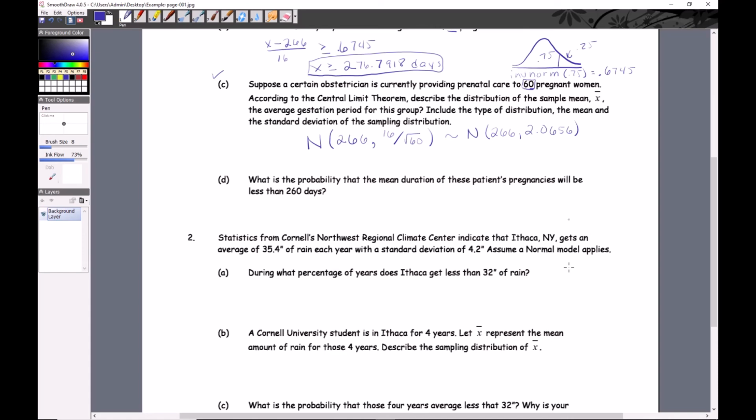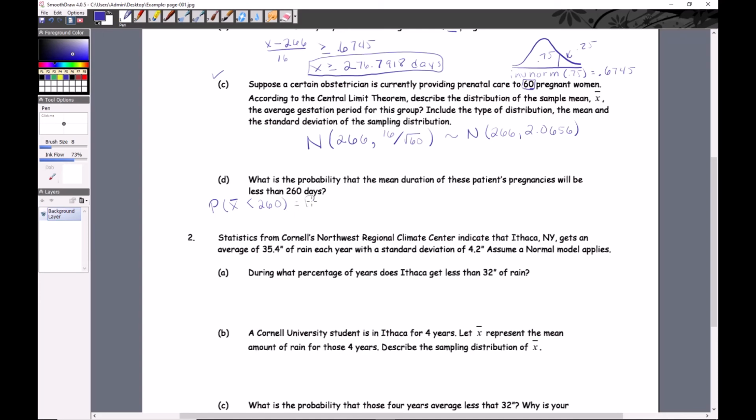So what is the probability of the mean duration of these patients' pregnancies? These 60, where does that sample end up being relative to all the other ones? So that it'll be less than 260 days. So this is the probability that X bar, there's one change, is less than 260 days, right? So we'll standardize it because it's a normal model.